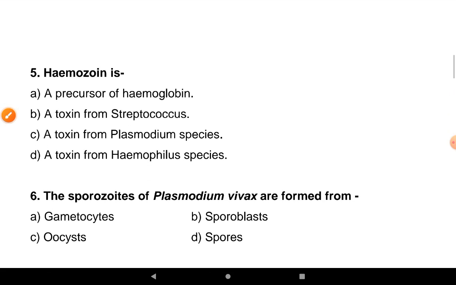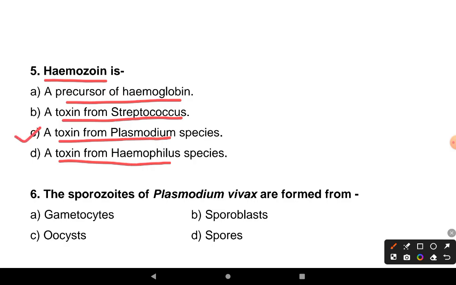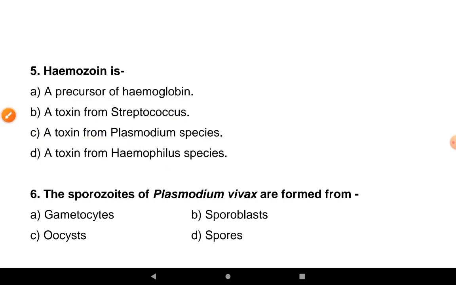Our next question is: hemozoin is a precursor of hemoglobin, toxin from Streptococcus, a toxin from Plasmodium species, a toxin from Haemophilus species. The correct answer is option C. Hemozoin is a toxin from Plasmodium species.